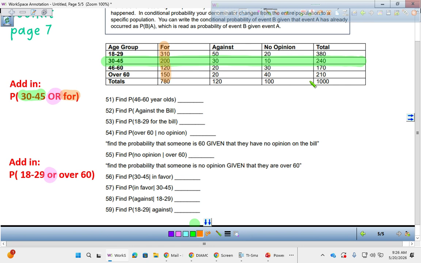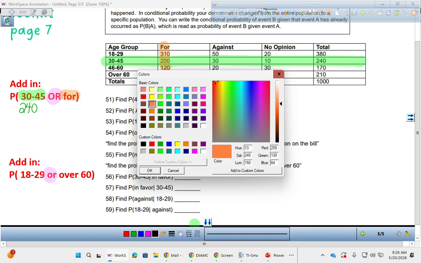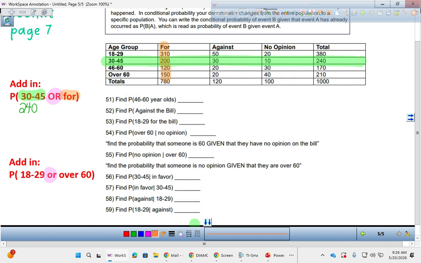So to do the overlapping probability, you're going to take the probability of the 30 to 45 year olds. That total is 240. You're going to add it to the probability of the people who are for the bill. That number is 780. And you are going to subtract where those 2 things meet, right? The green meets the orange at 200.